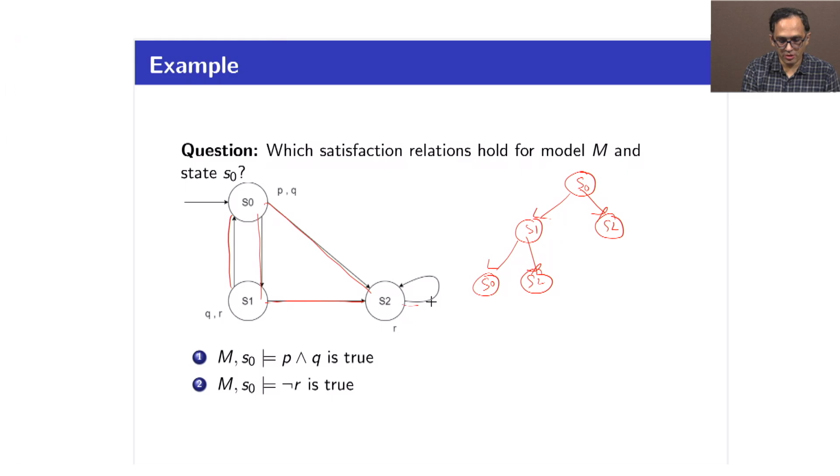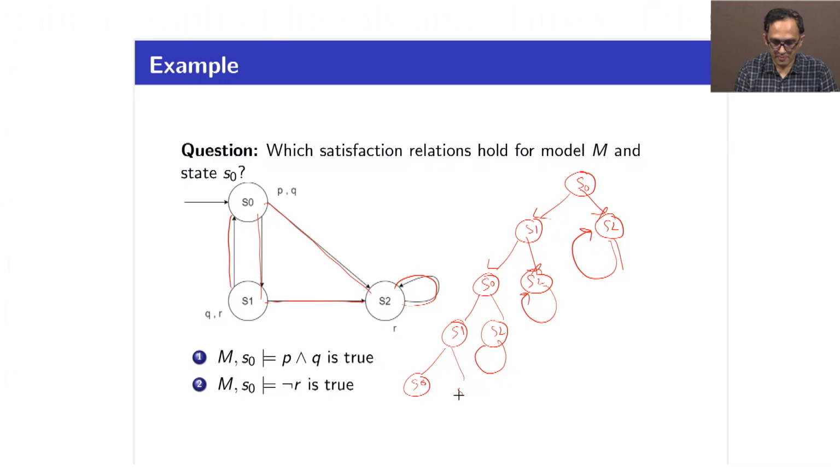From S2 you can only go to S2, so this will loop here: S2, S2, S2. From S0 again you will go to S1 and S2, and S2 will loop forever. From S1 you will get S0 and S2, S2 will loop forever, and this will continue like this. So, this is the kind of tree you will get for this behavior.